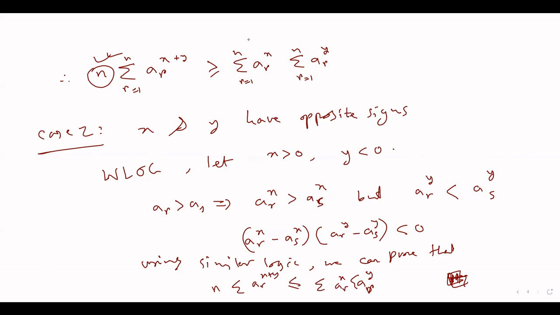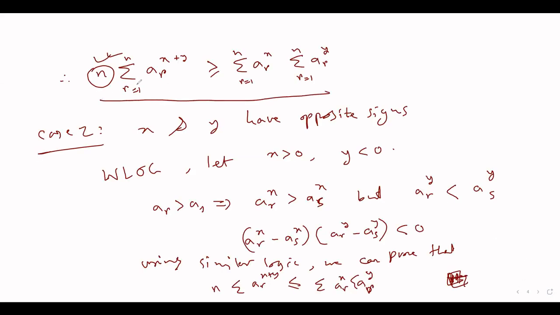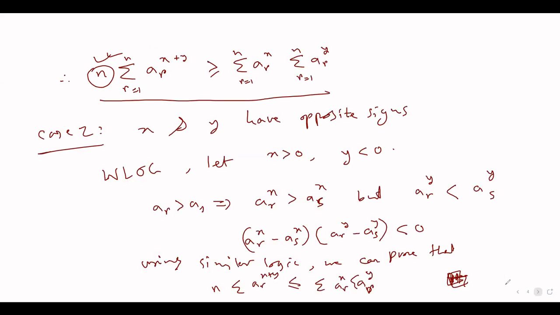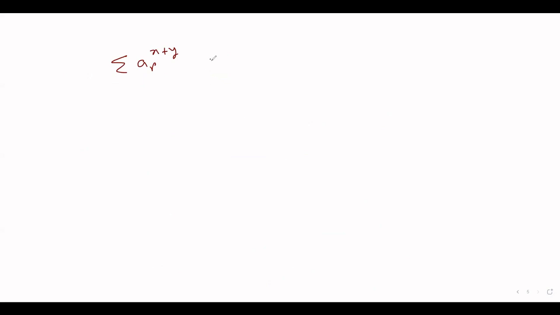All right. Now, we are going to generalize the result we got here. The line here, if you divide by N squared on both sides, we are going to get summation AR to the power X, let's write the terms first. We have greater than or equal to, right? This is case 1. A similar argument will be proposed for case 2.